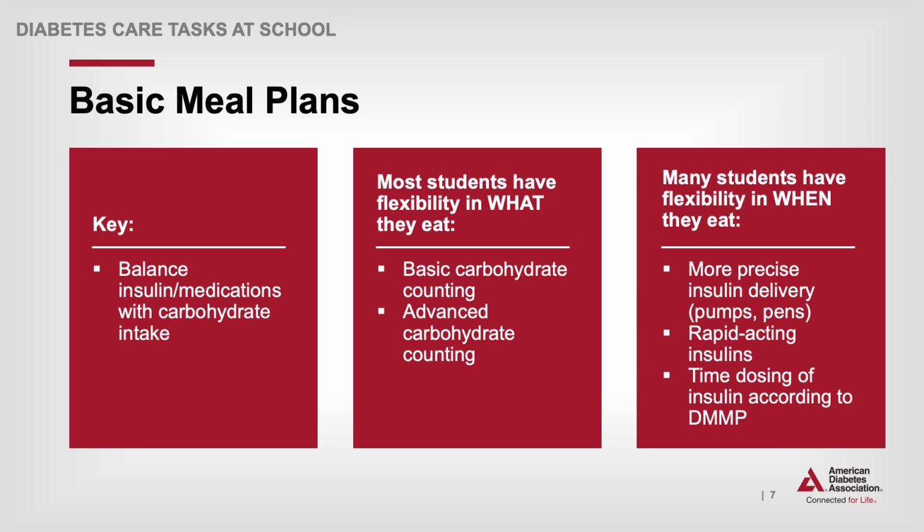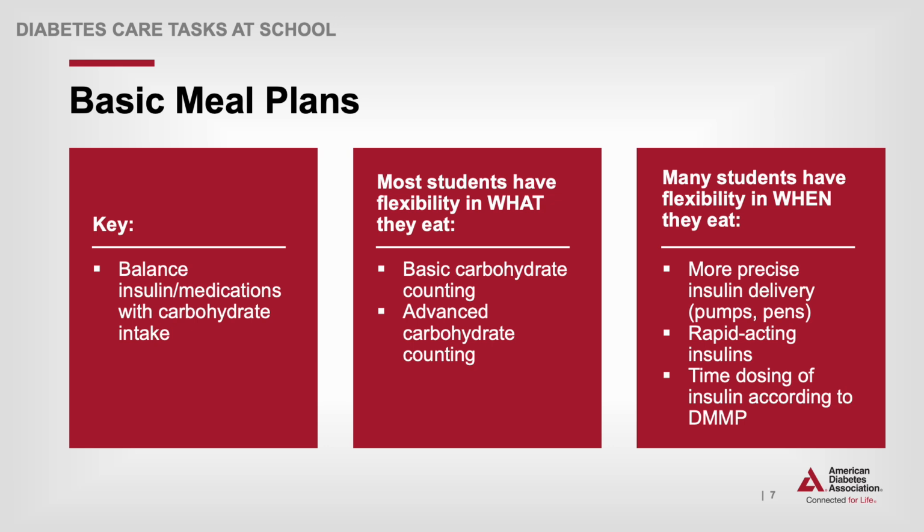The increased use of pen devices and pumps to deliver insulin has made on-the-spot insulin delivery easier and more precise. Additionally, the introduction of newer insulins has cut down on the need to snack just to avoid low blood glucose.